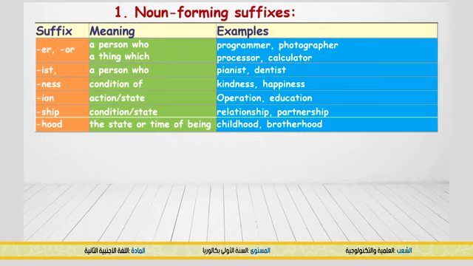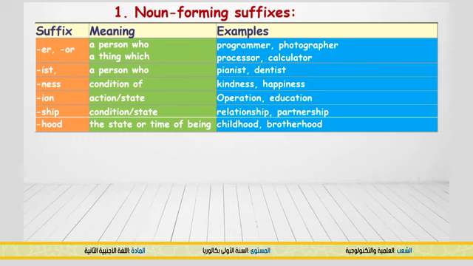The first two suffixes are ER and OR. The meaning: a person who does something, or a thing which does something. Examples: programmer, photographer, processor, calculator.